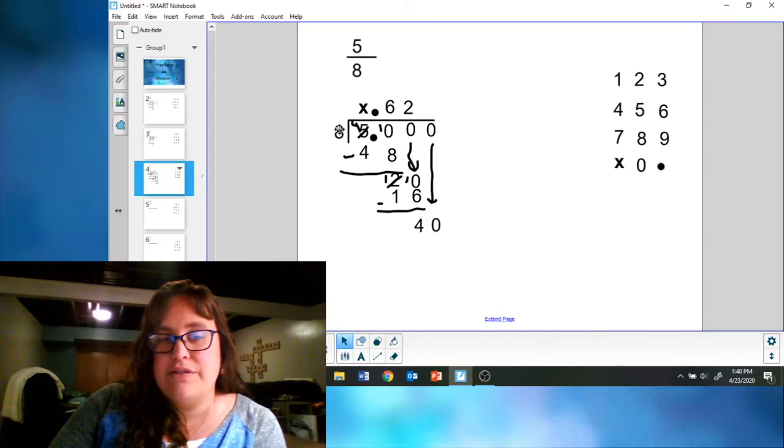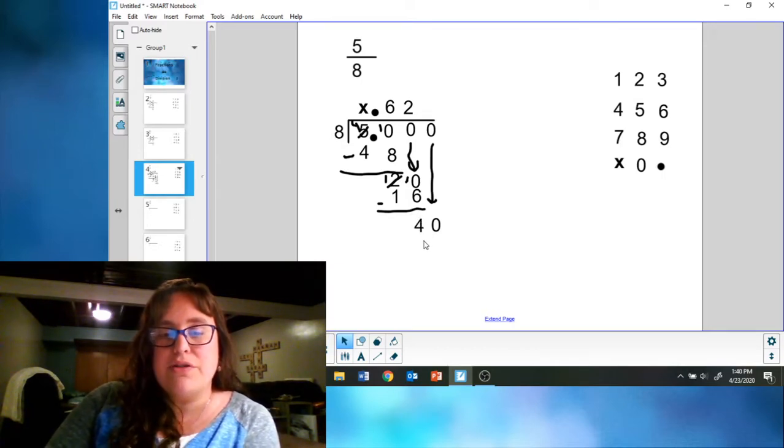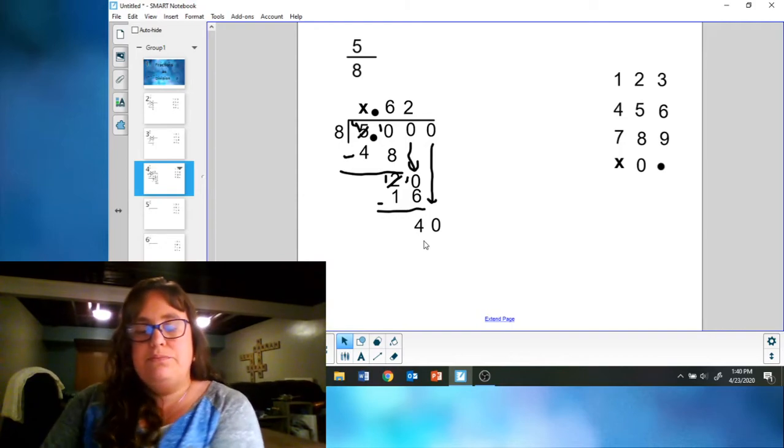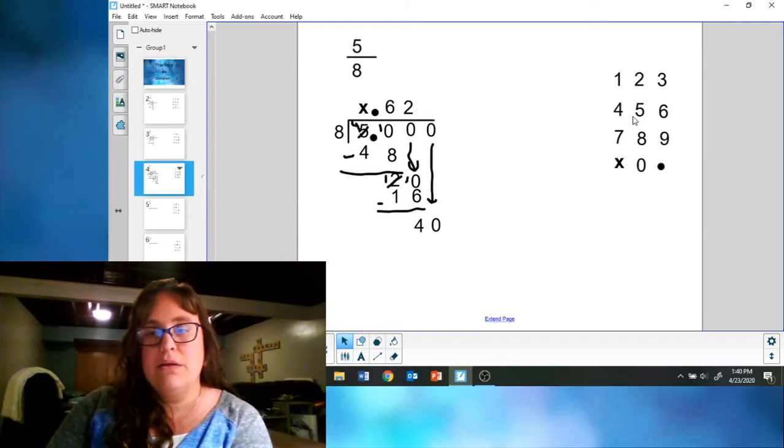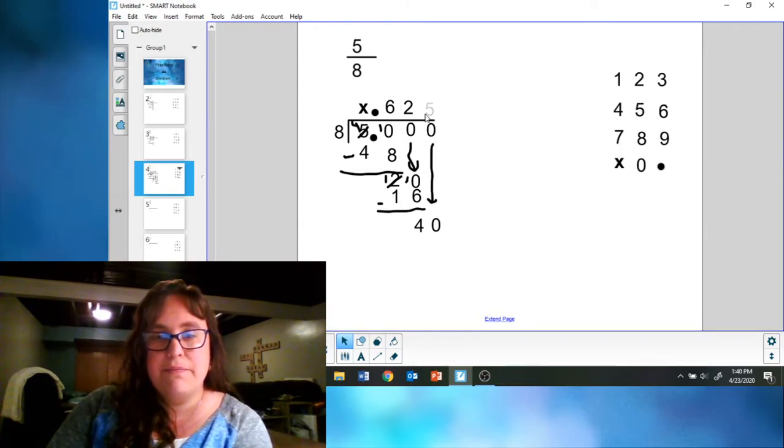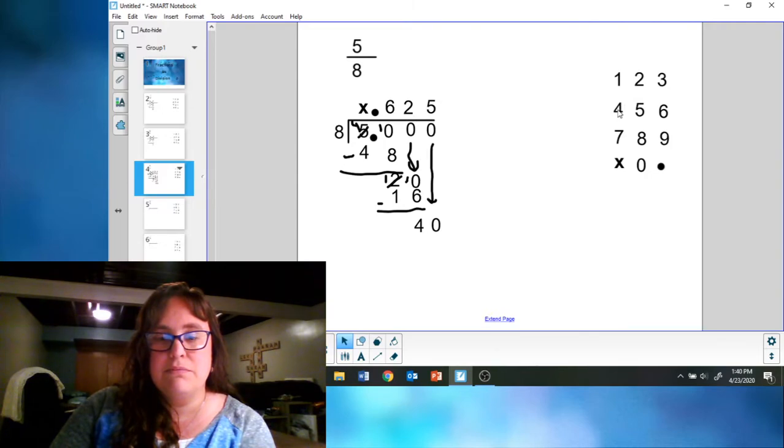Now I'm going to divide 40 by 8. 8 goes into 40 how many times? Follow that across on your multiplication chart. And it is 5. Multiply. 5 times 8 is 40.